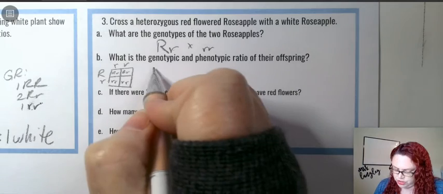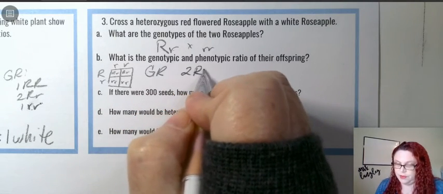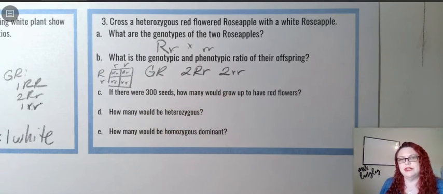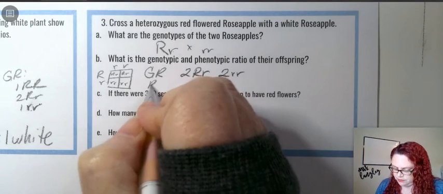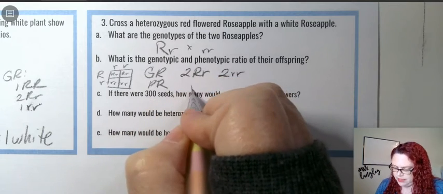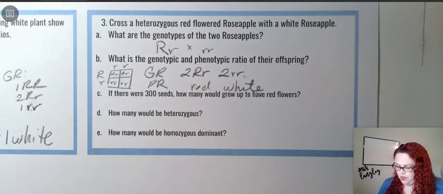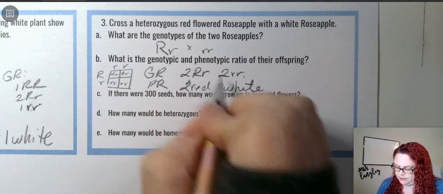So for my genotypic ratio, I'm going to have 2 that are heterozygous, and 2 like that, homozygous recessive. Okay, for my phenotypic ratio, I know I have red and I have white. Well, I have 2 that are red and 2 that are white.